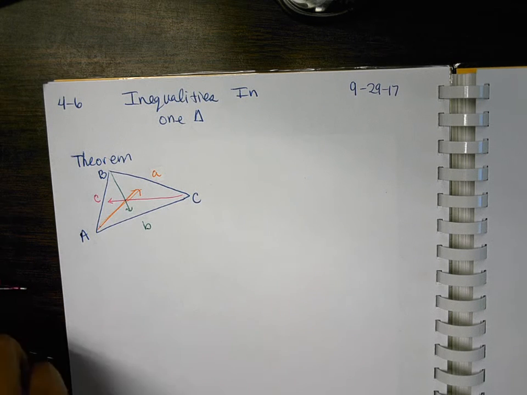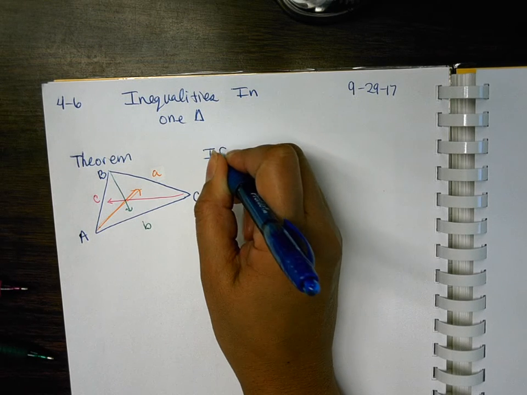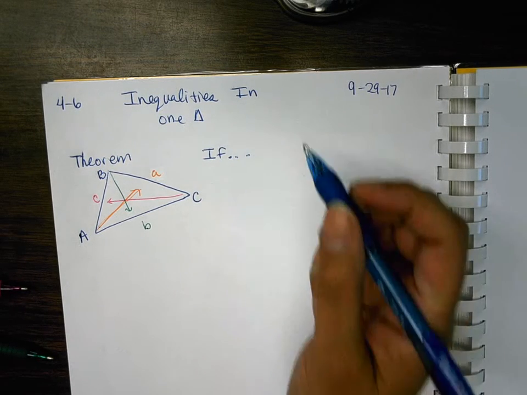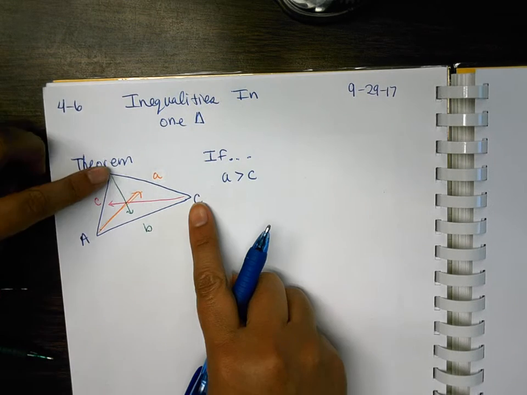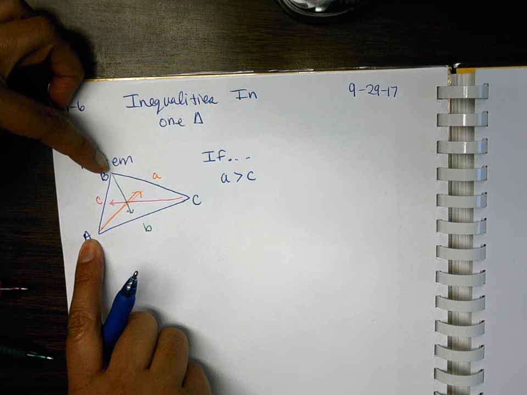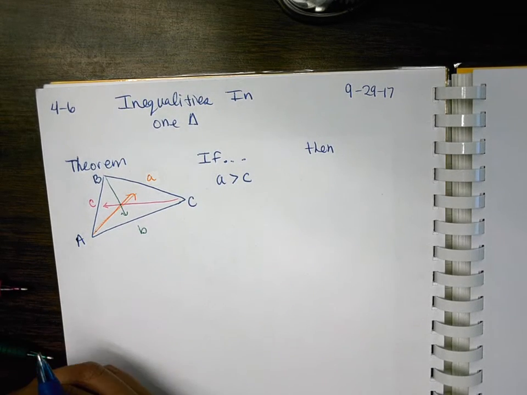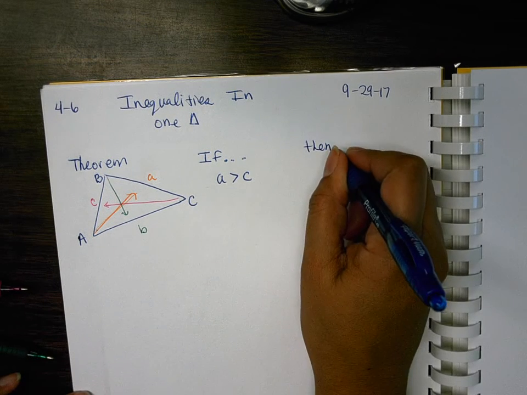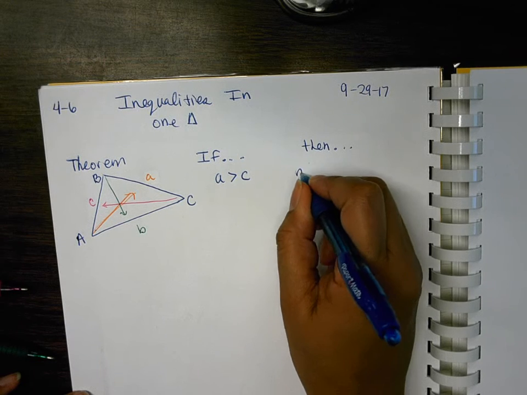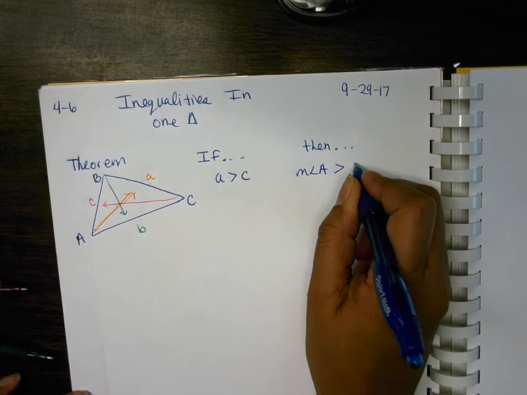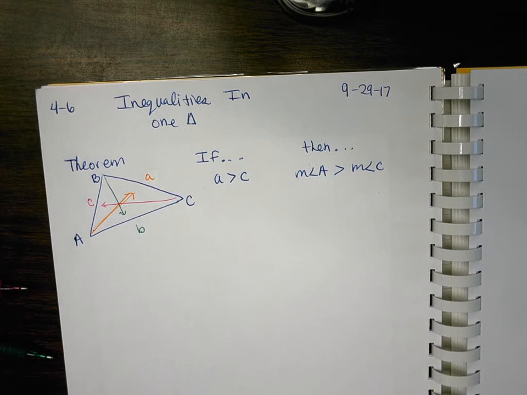Now, the theorem states if side A is greater than side C, then the same is true regarding its opposite angle, I apologize, then the measure of angle A will be greater than the measure of angle C. Write that down and I will explain again.